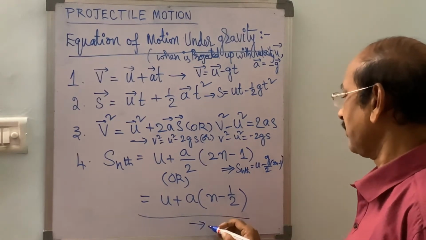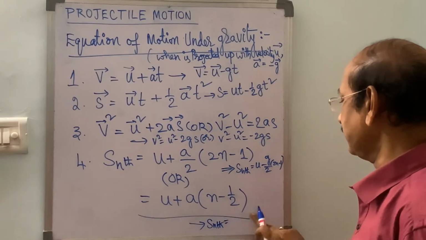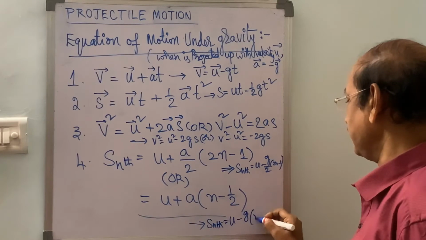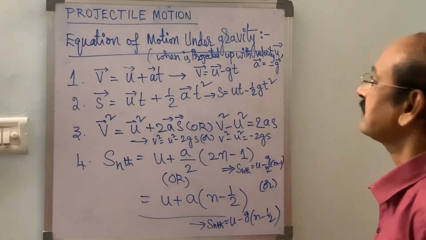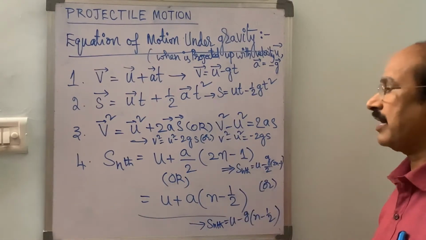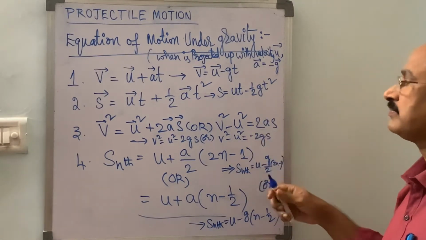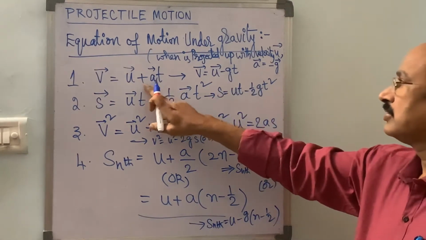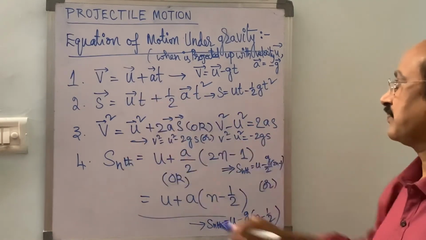And this is the same as Sn is equal to u minus g into n minus half. So these are the equations of motion under gravity. When the body is in air and moves vertically upward, then we use these equations instead of the first four.